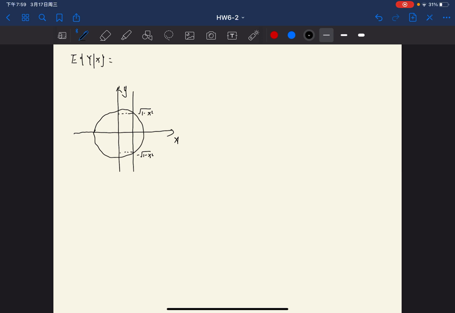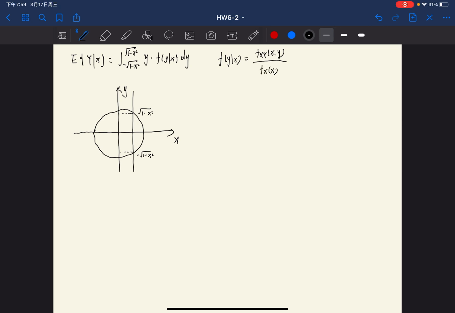And so the expectation can be written as the integral of y multiplied by the conditional probability density function when x is fixed, dy. This part we can calculate using the definition, which equals fxy divided by fx.